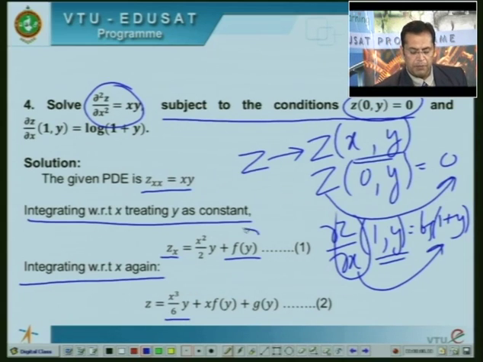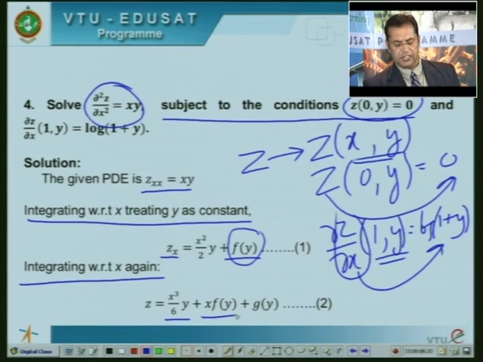Then let me repeat here again, f of y is a function of y. So, when you integrate with respect to x, it is a constant. So, you keep it aside, you are left with 1 whose integration with respect to x is x. So, you get x into f of y plus finally the constant of integration which is a function of y, say g of y. We will recall these two expressions again in the solution.